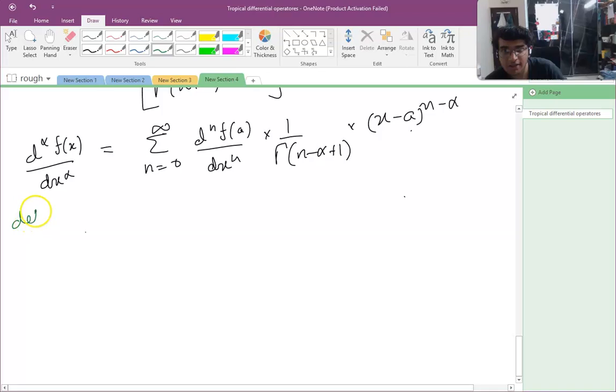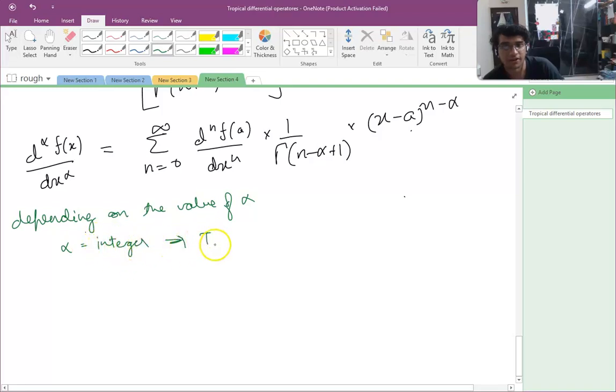Depending on the value of alpha, we will have different priorities. If alpha is an integer, you just get your regular Taylor series.